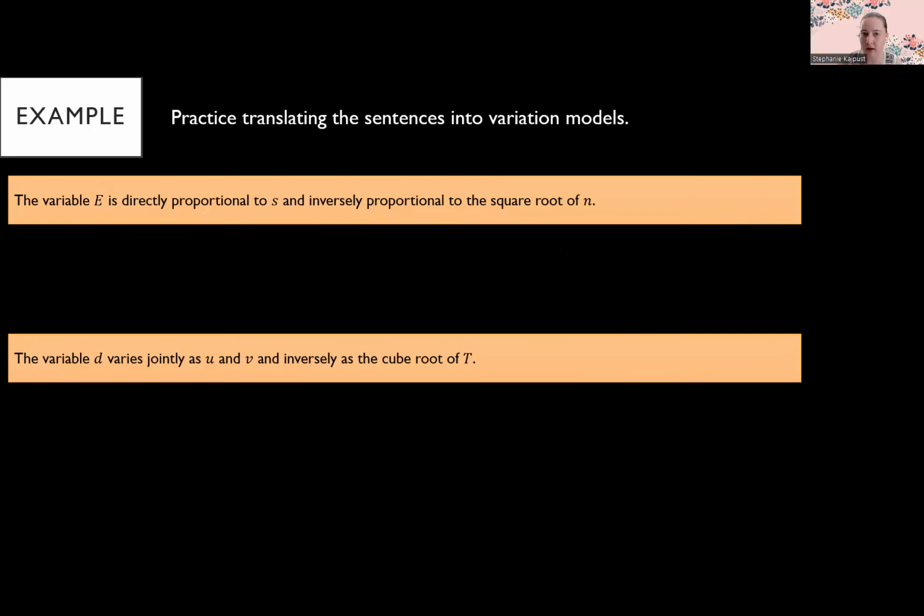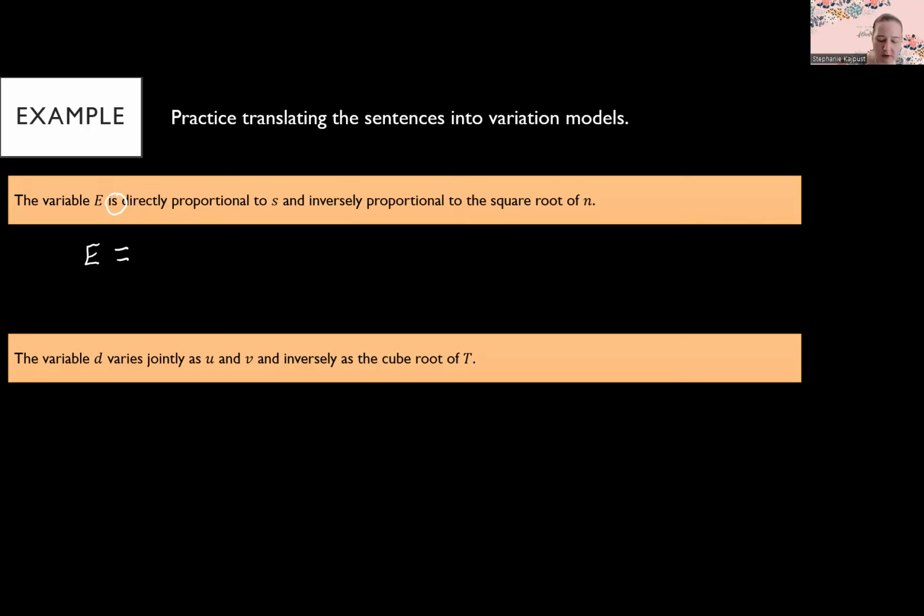So translating again here, we've got the variable E is directly proportional to S and inversely proportional to the square root of N. So we've got the variable E, so I'm going to have E. We've got the word is, which translates as an equal sign.